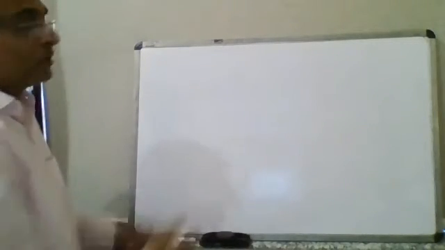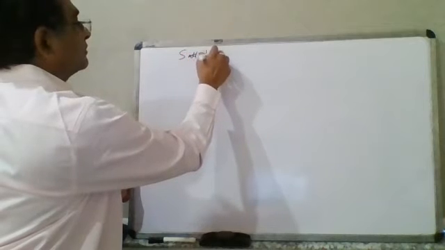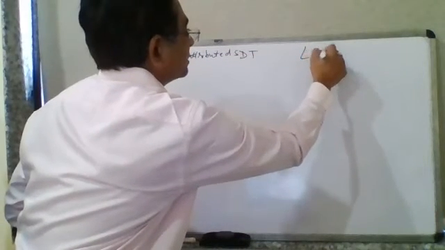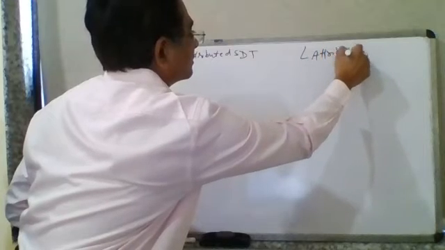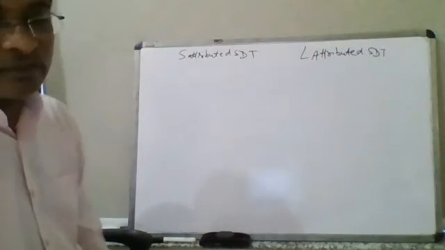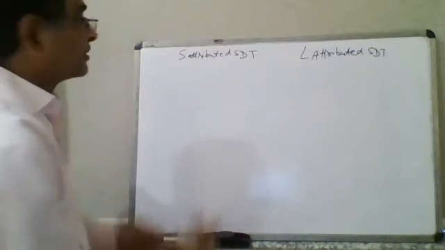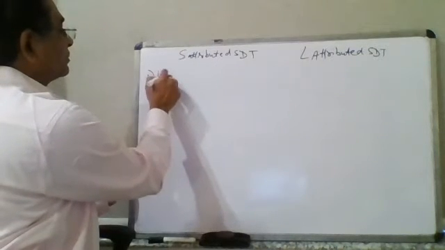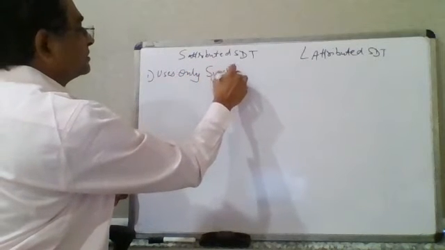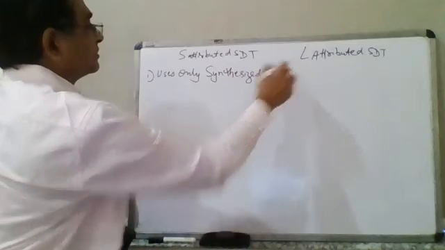So S attributed SDT and L attributed SDT have various differences. The first one uses only synthesized attributes, right?